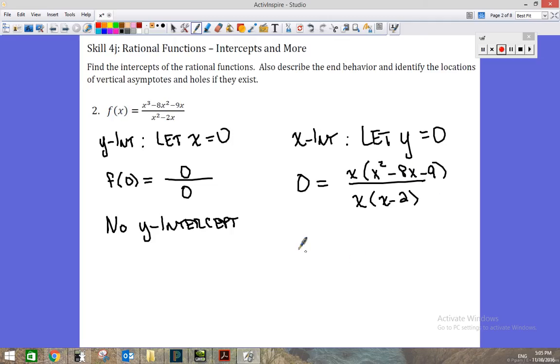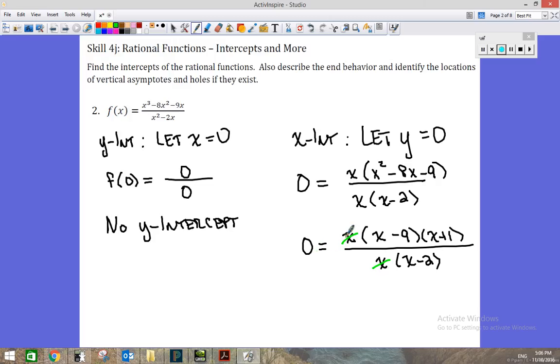Now I can continue to factor this: x minus 9 and x plus 1. So I know that x equals 0 is not in the domain of this function. Like I say, the numerator controls whether this reduces to 0.